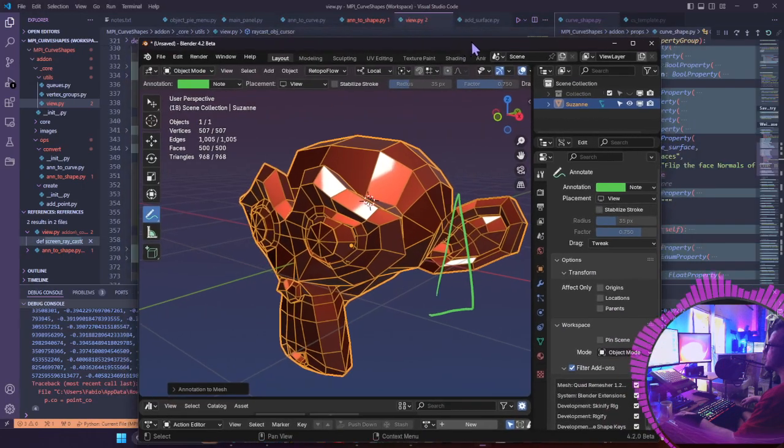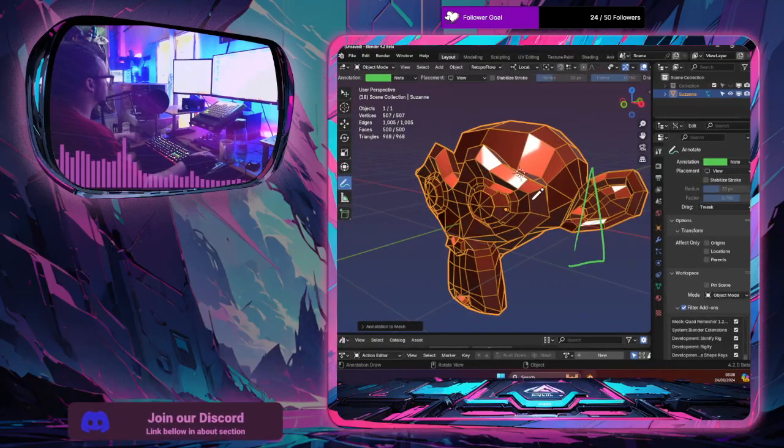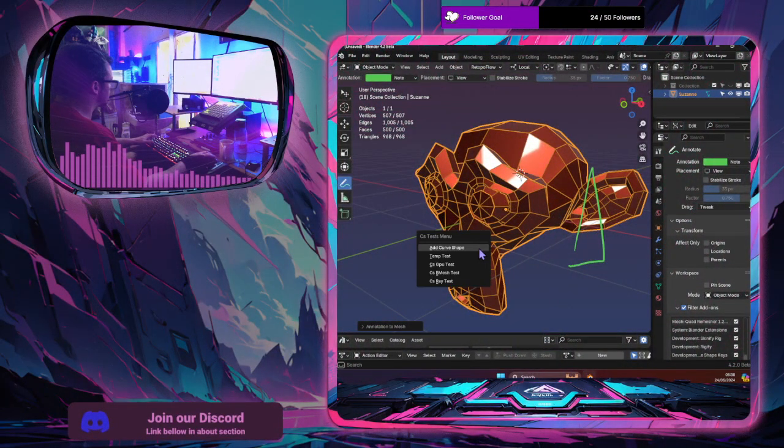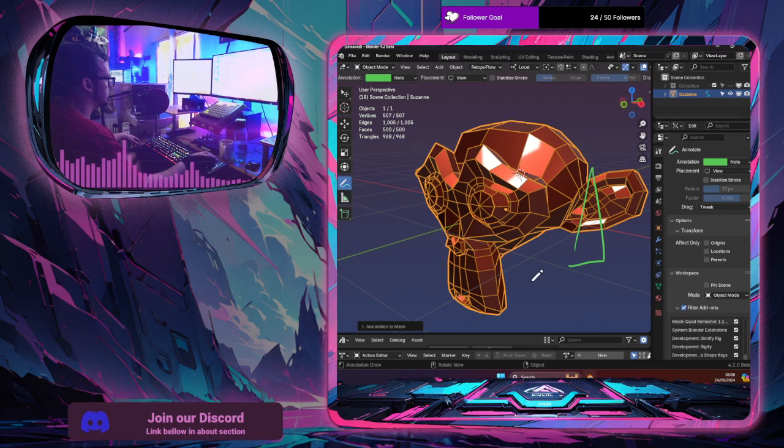I need to see my command line. This is okay. Now I can. Okay, good. Okay, so my raycast functions are working.